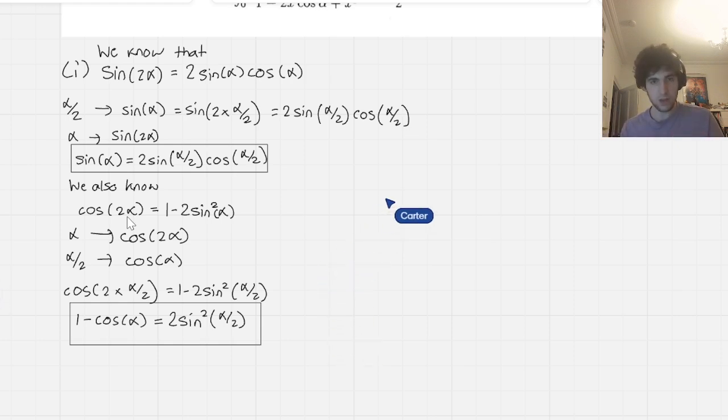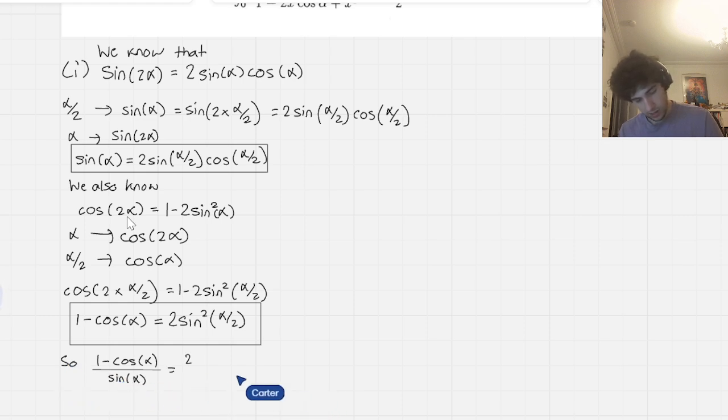So our fraction, 1 minus cosine of alpha divided by sine alpha, is the same thing as 2 sine squared alpha over 2 divided by 2 sine alpha over 2 cosine alpha over 2. So that's looking pretty promising there.